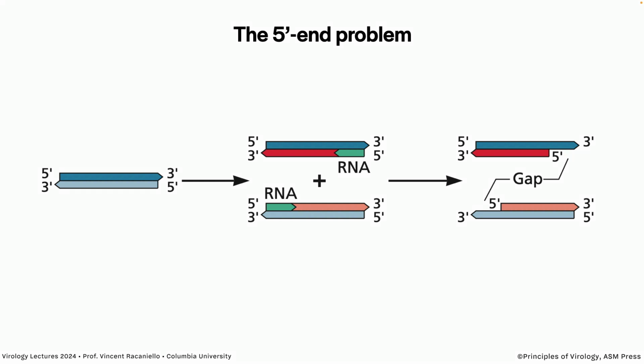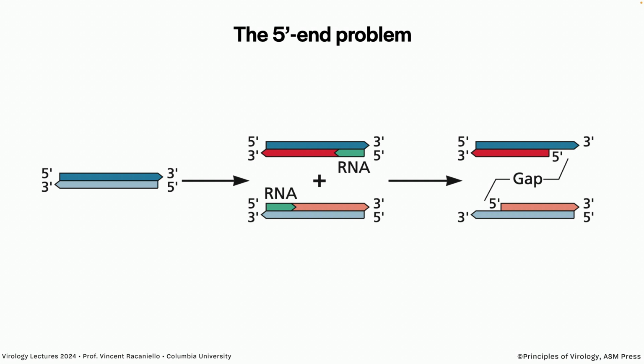Now, when you have DNA replication, in many cases you have what we call a 5' end problem, right? And that's shown here. So on the left we have a double-stranded linear DNA. Both strands are going to be copied eventually to give 2 daughter strands. And so the original strands are dark blue and light blue. So each of those are separately copied, and you end up with a complementary strand to both. And their RNA primers are shown still there because they remain there for a bit.